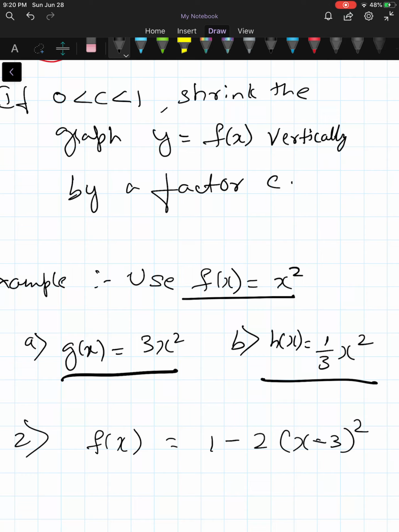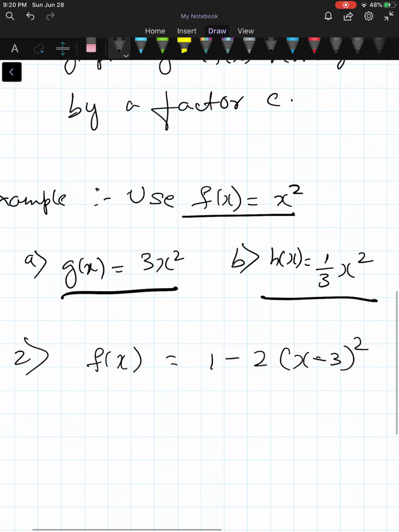So you first apply the effect of the things that are in brackets, and then follow the BODMAS rule and plot the graph, so that you can see all the effects of shifts, reflections and stretching in one example. So the given graph is 1 minus 2 times (x minus 3) the whole squared.